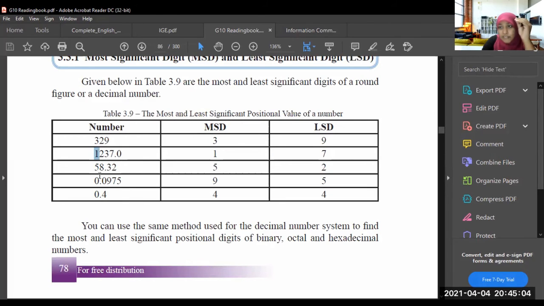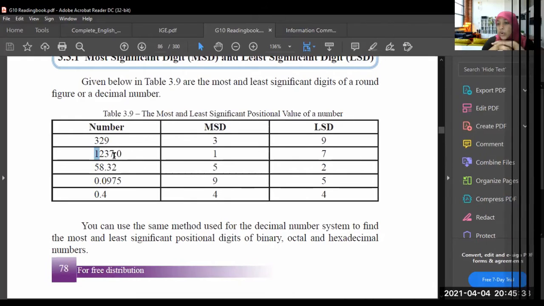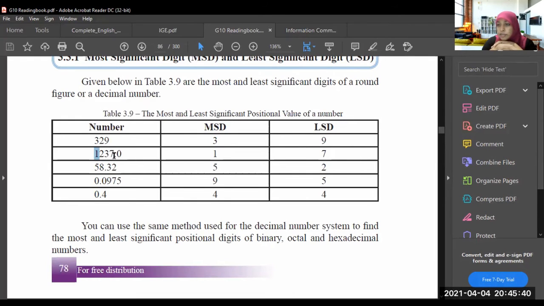The least significant value here is not 0, as it is explained. 0 we don't consider it. We will look at the next one. If it is 0 here, we will go to the next one. Okay, the 7 is the least significant digit.